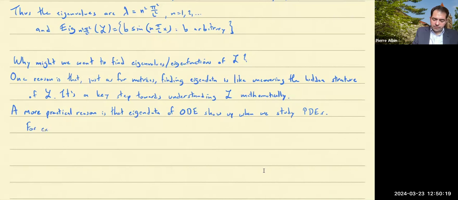For example, later we will discuss a model for the diffusion of heat.